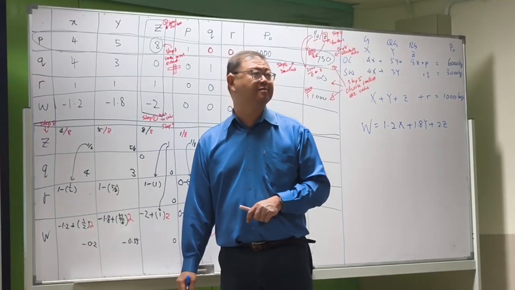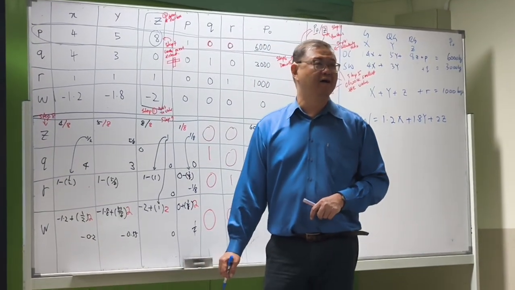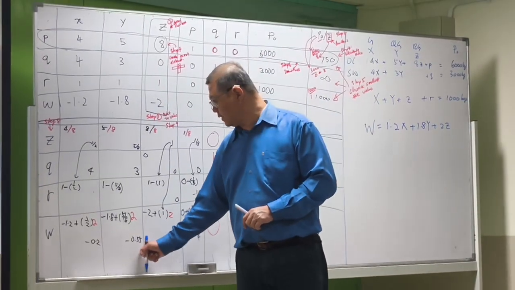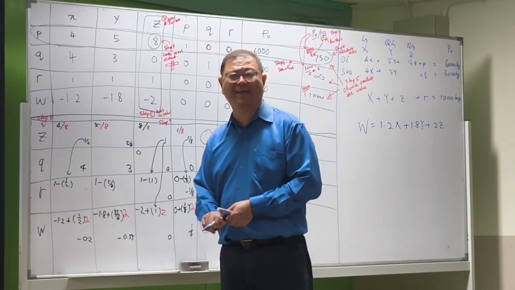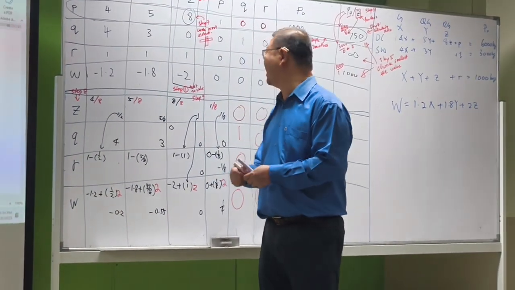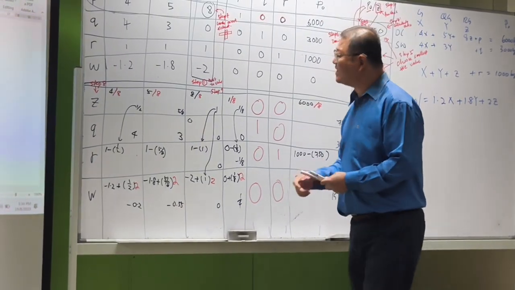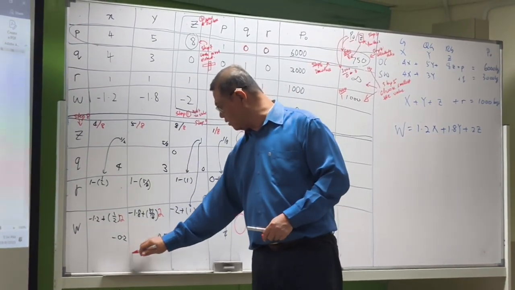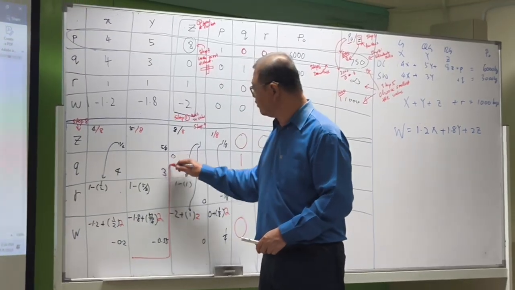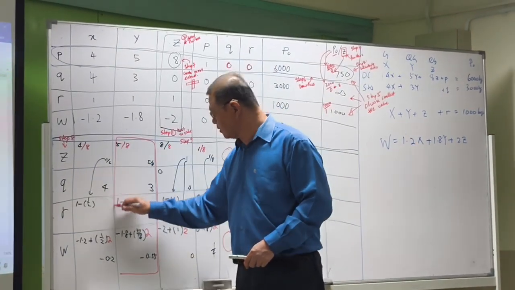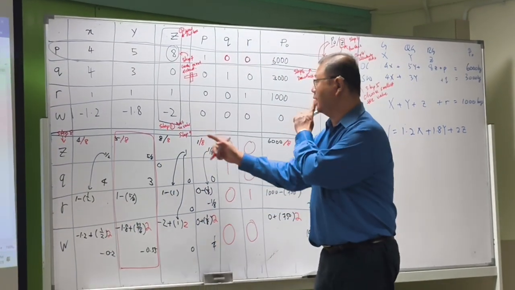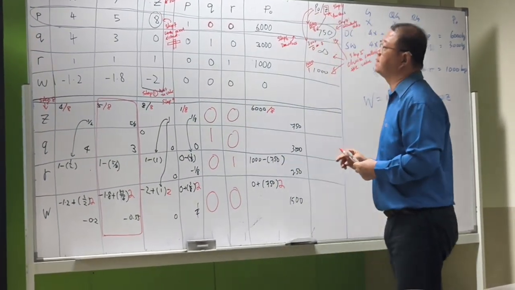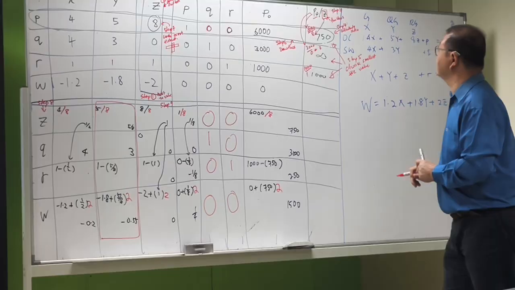Negative 0.55. Okay, 0.55 is more negative than this one. So now step number 2 is circle this. Step 1, step 2.